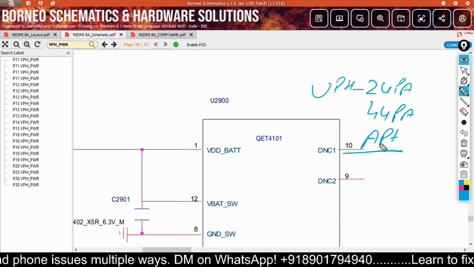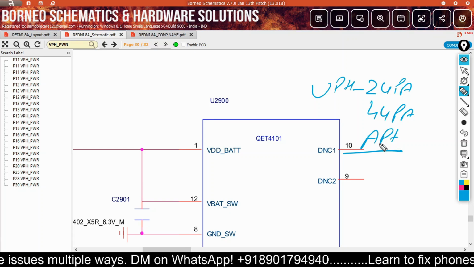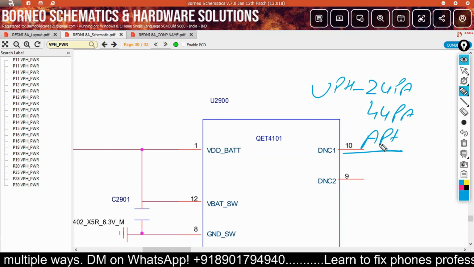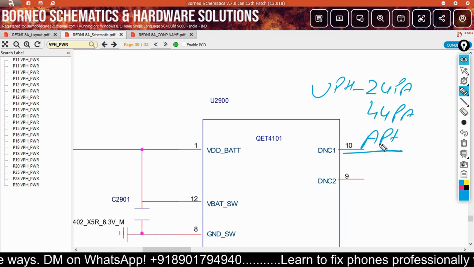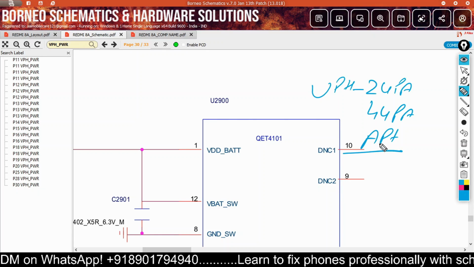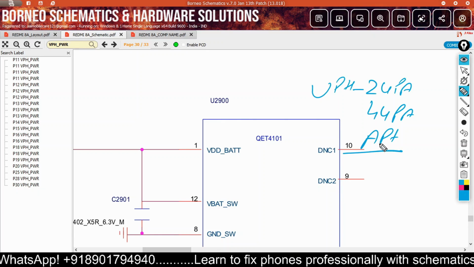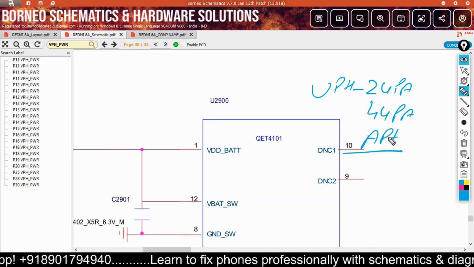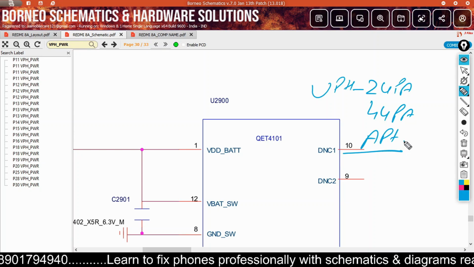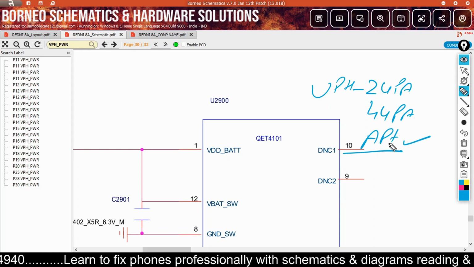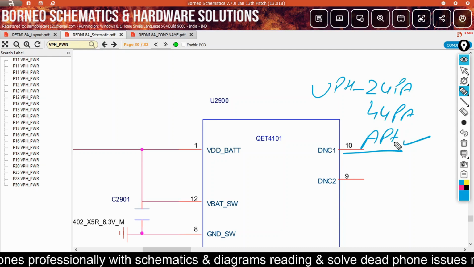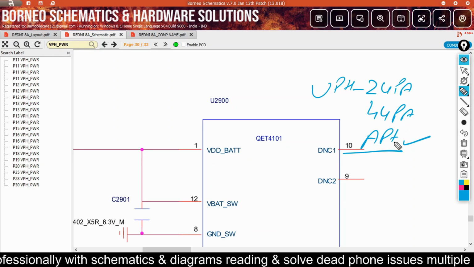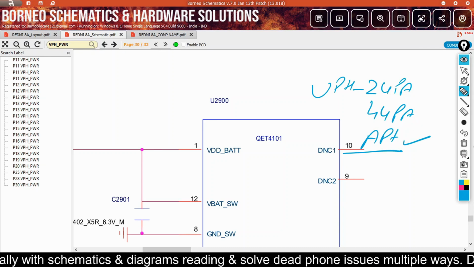Why APT? I already told you. When we go far from the signal tower, our 4GPA needs more power to communicate, to retain the network services, right? So that's why this IC plays a major role. Through this line, if this line is open, your phone has a high chance of being in no service, right?